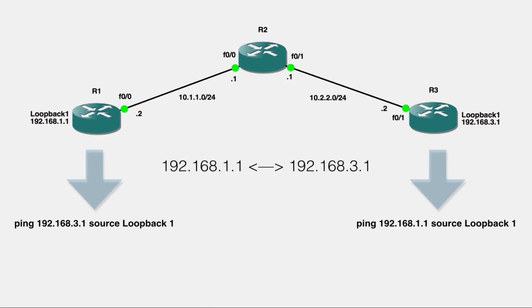We were mistakenly sending the traffic from the FA0/1 interface of router 3, and we weren't actually performing a good test. So let's take a look at this before we actually resolve the issue.